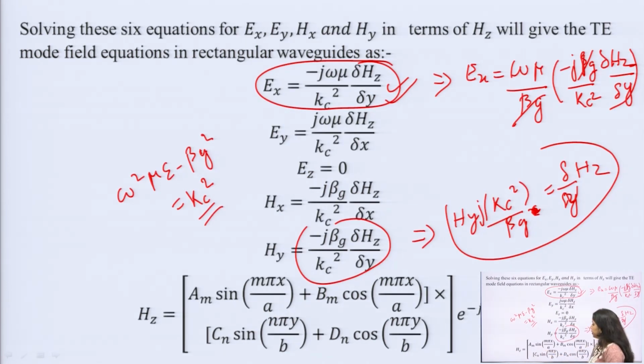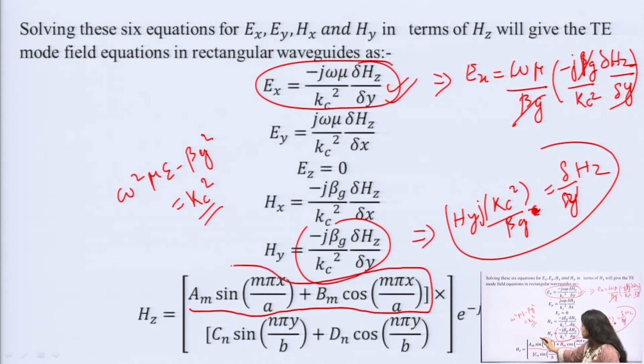Differentiate it with respect to y. The sine terms which are a function of x are treated as a constant, and e to the power minus j beta gz is also a constant.